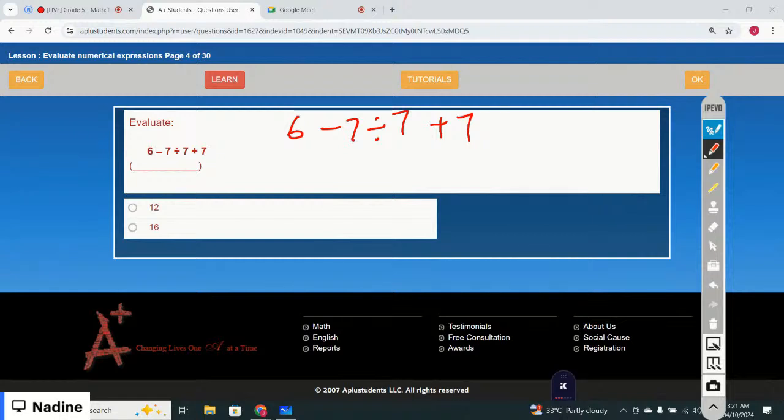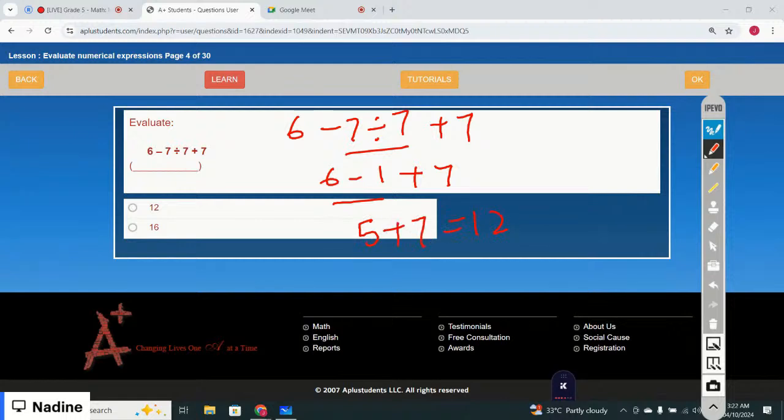Division has the highest priority over addition and subtraction, so you divide first. 7 divided by 7 is 1. So that is 6 minus 1 plus 7. You always do them from left to right. 6 minus 1 is 5, and 5 plus 7 equals 12.